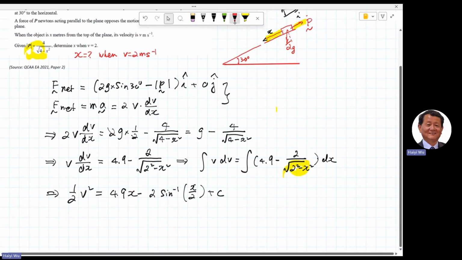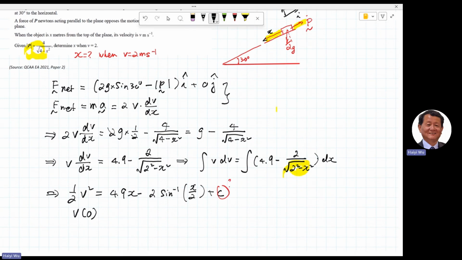Now we need to decide what c is. Because the object starts at rest, the velocity is 0 initially.